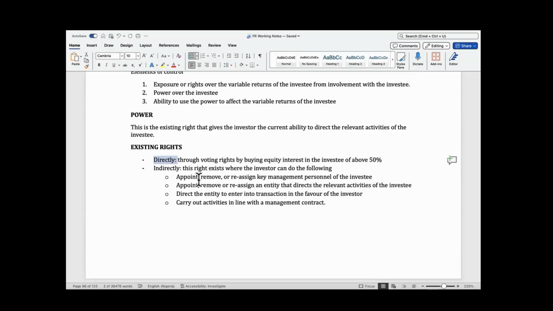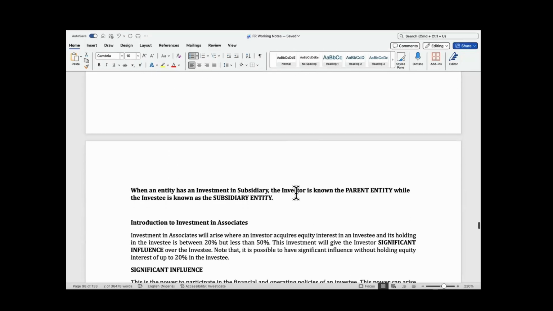You can direct their relevant activities. You can direct the entity to enter transactions in your favor. You can carry out any other activities as specified within a management contract. So when an entity has an investment in subsidiary, we call the investor a parent. We call the investee a subsidiary.